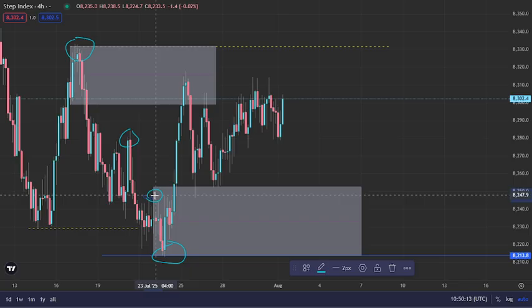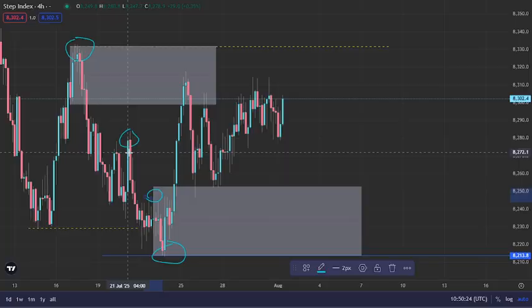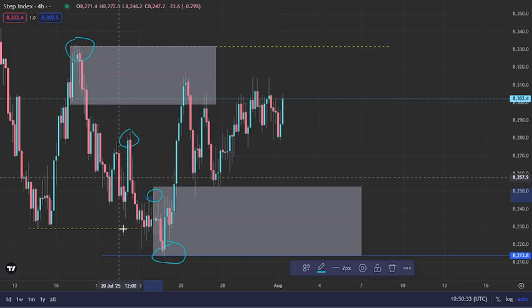Now I've given you a visual representation of what a swing structure looks like, what a fractal structure looks like, what an internal structure looks like. I'm not going to go any deeper into that now. As I'm following the notes, it will happen.